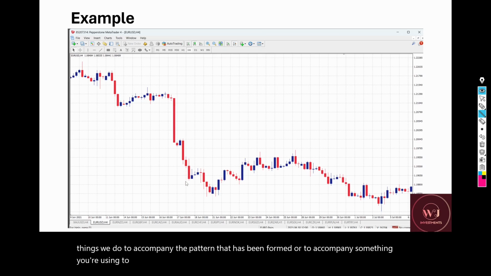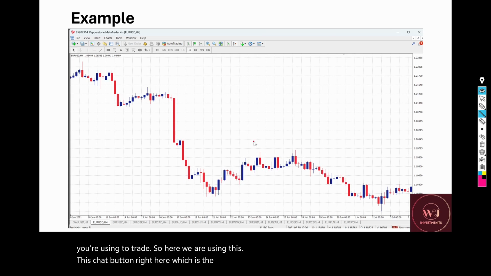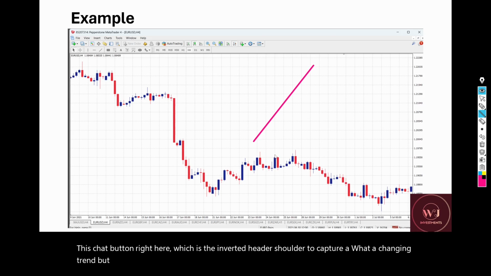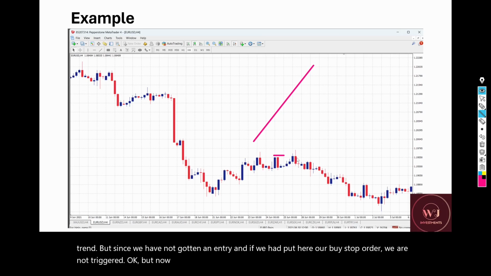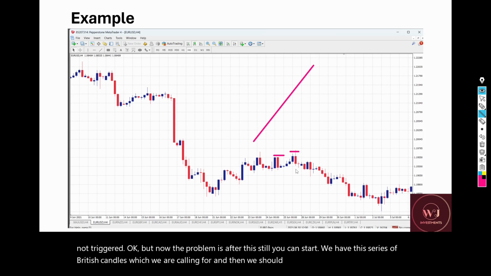Here we are using this chart pattern, the inverted head and shoulders, to capture a change in trend. But since we have not gotten an entry, if we had put our buy stop order here, we are not triggered. But now the problem is that after this we still have this series of bullish candles, and we should have entered and maybe captured a loss.